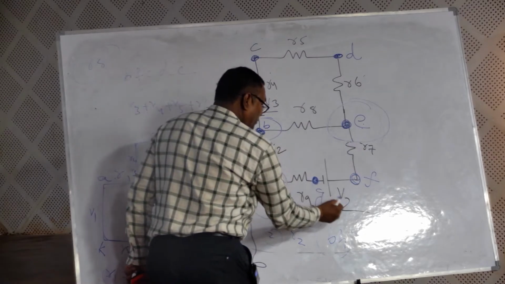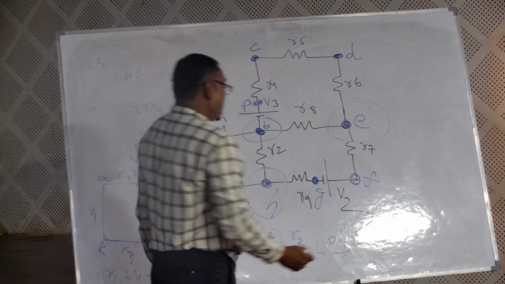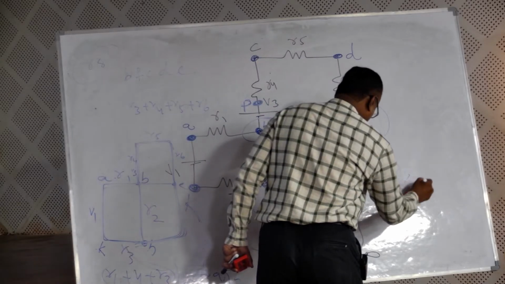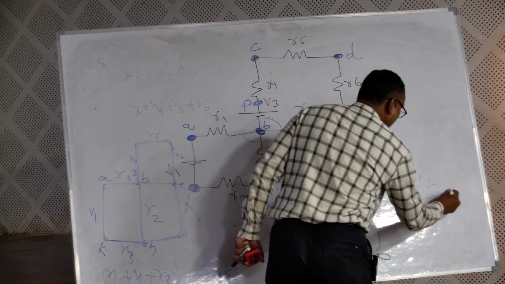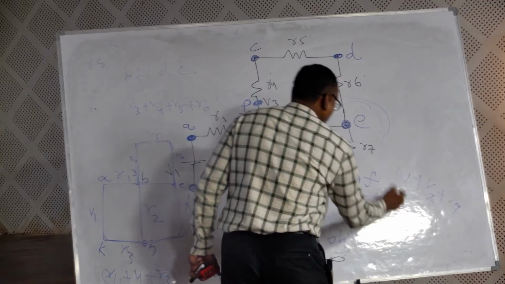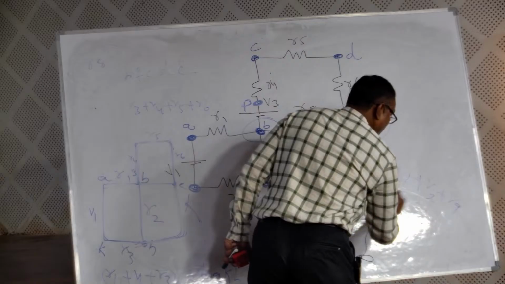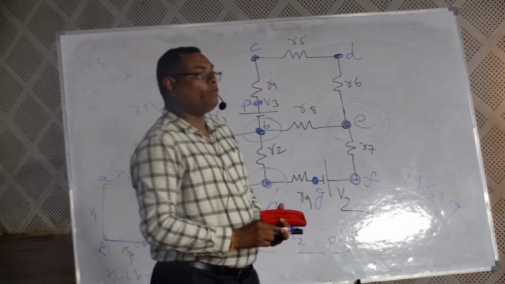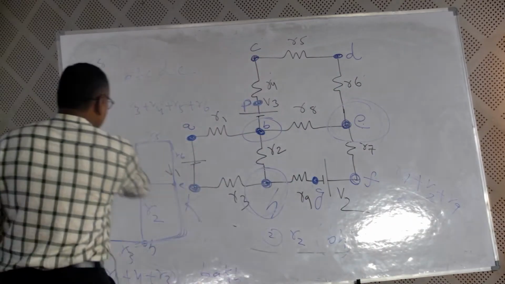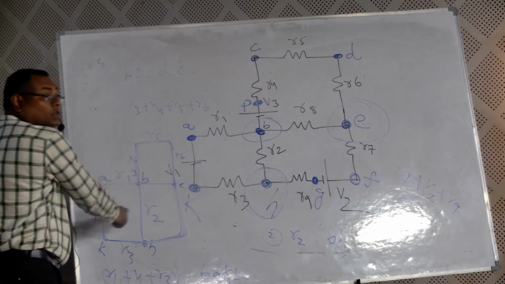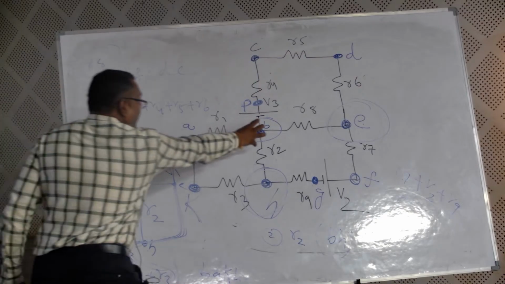R7 plus V2 plus R9 is called a branch. What is the name given here? E, F, G, H. So 5 branches, and the total circuit is completed as per the diagram.